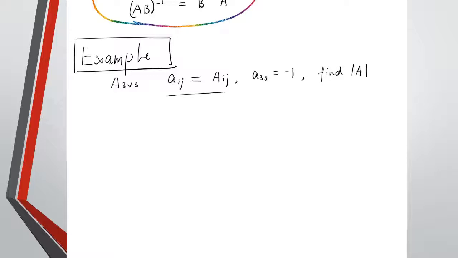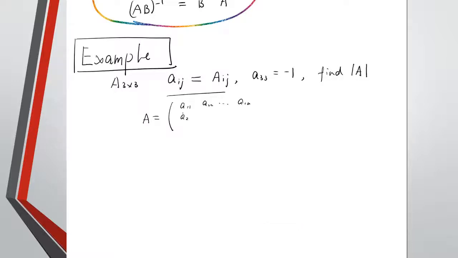From the adjoint matrix, we understand that we have a connection between the element in a matrix A and its algebraic complement. However, in that case, remember, we say that for matrix A, we have a11, a12, and a1n.